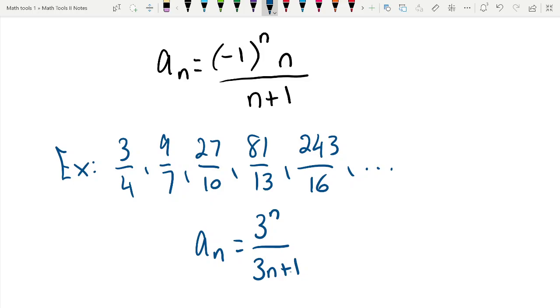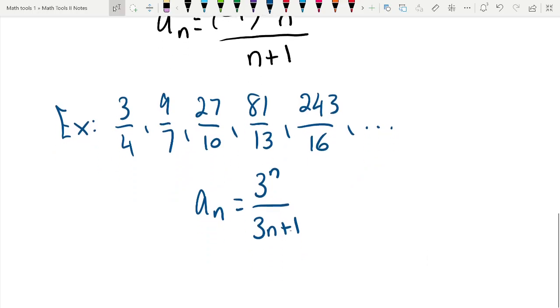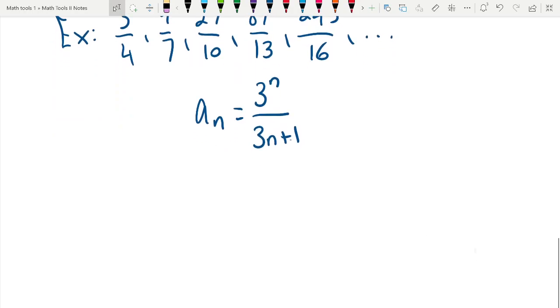So this will make it start at 4, and because the 3 is being multiplied by n, it's going to increase by 3 every single time. Now if we think about this limit, it doesn't seem like it's going to converge to anything at all. 3^n is increasing way faster than 3n plus 1. So this one's probably not converging to anything.